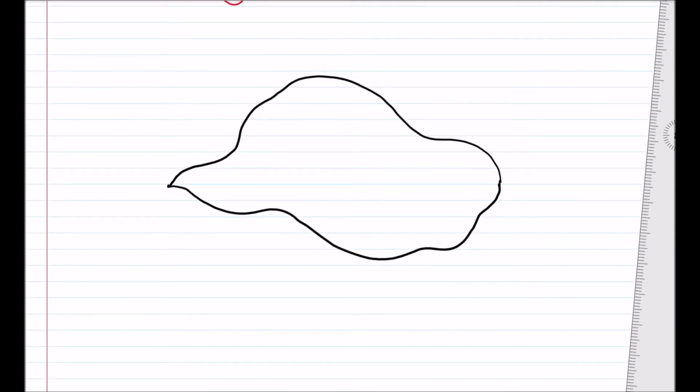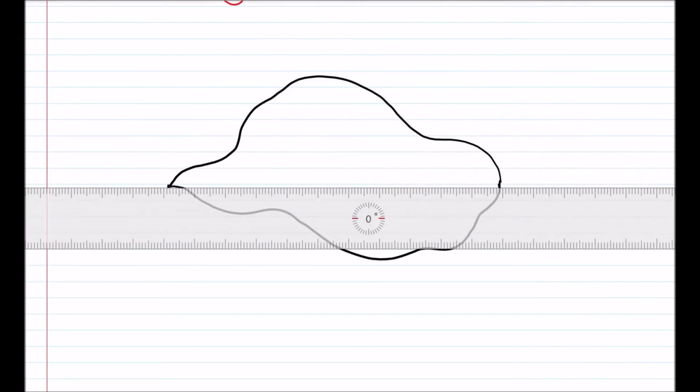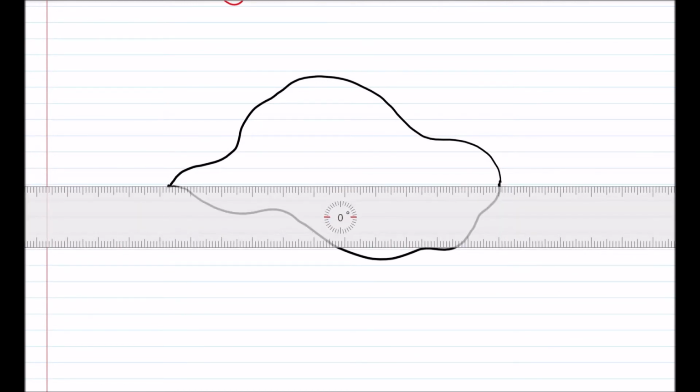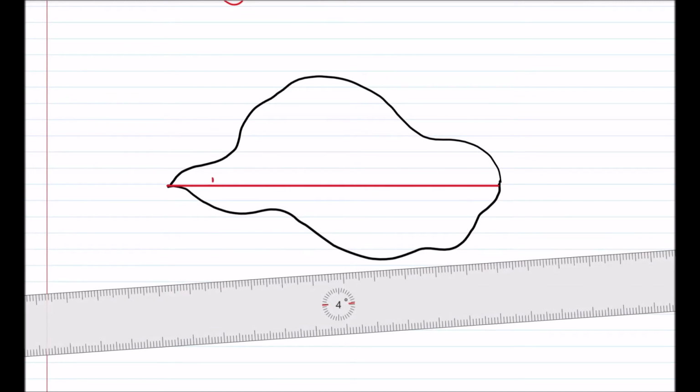If we were given a shape like this, the first thing we should do is divide it into sections, again into however many pieces. Again, I'm doing this freehand. If you were doing it with a measure, again you'll do your heights.